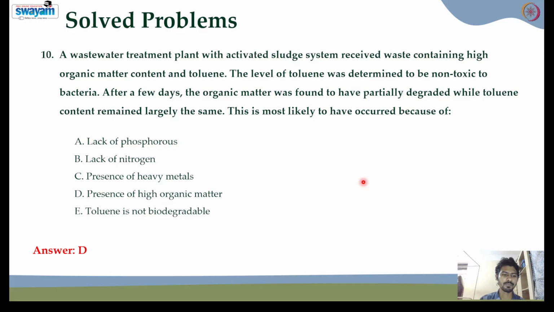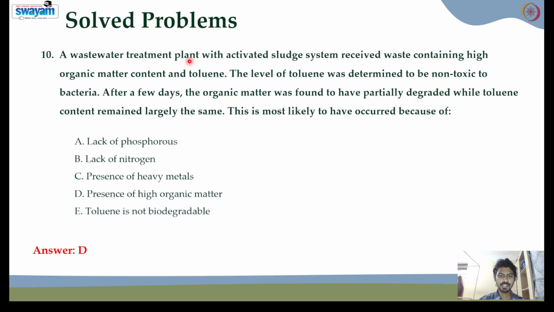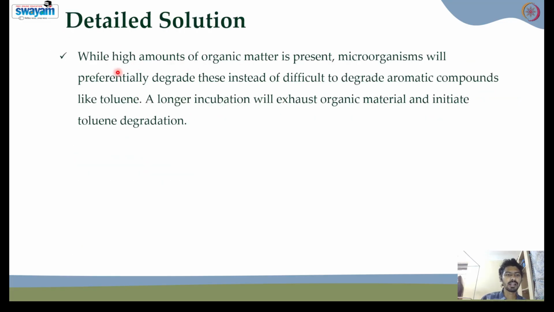Why is it so? Because here they have mentioned that there is high organic matter content along with the toluene. So clearly it mentions that a high amount of organic matter is present. The microorganisms obviously are going to degrade the organic matter first, instead of the aromatic compound, which is difficult to degrade.